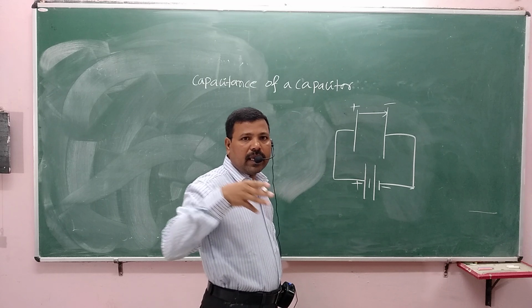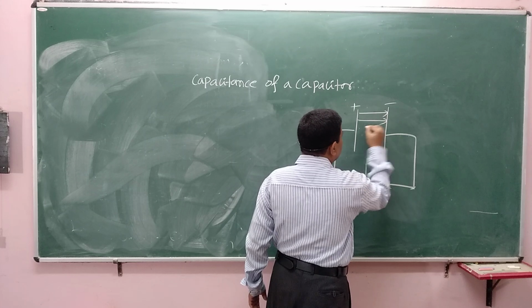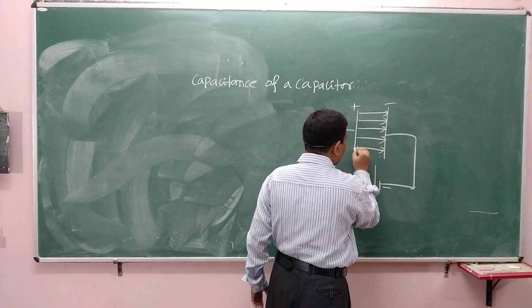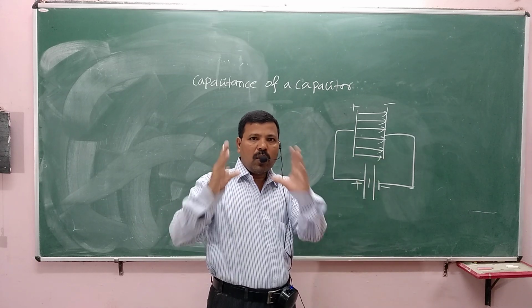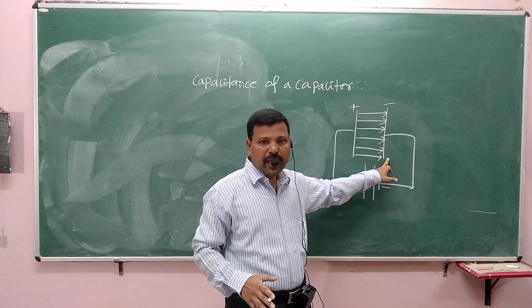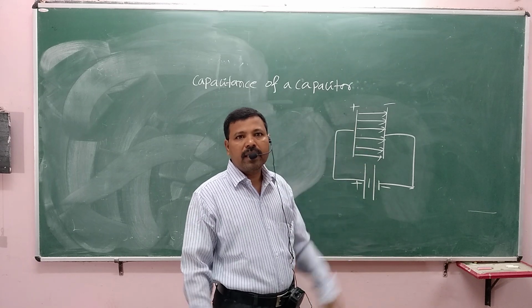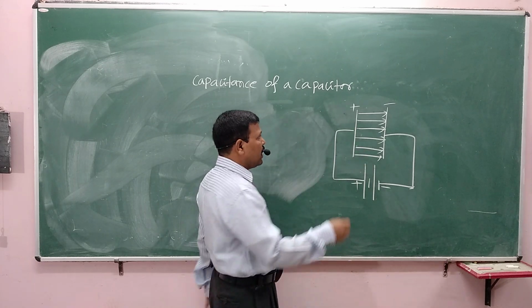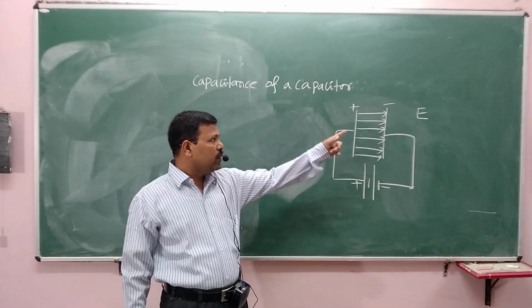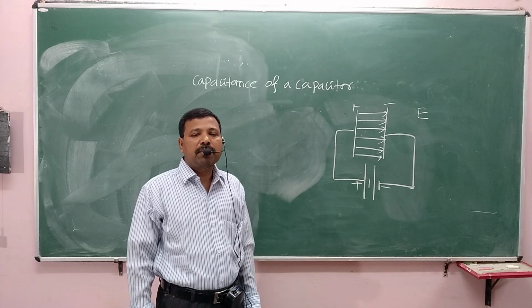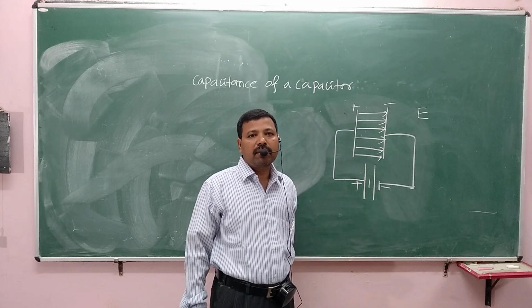As we studied, the direction of the electric field is always from positive to negative. After attaining constant charge on each plate, there is a uniform electric field inside the capacitor, denoted by E. At every point, the strength of the electric field is the same.